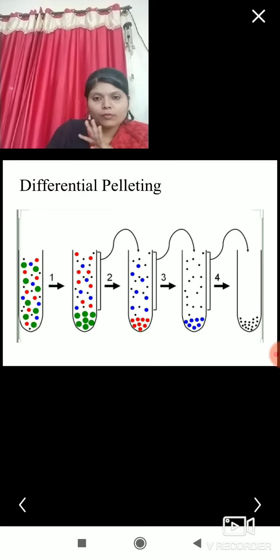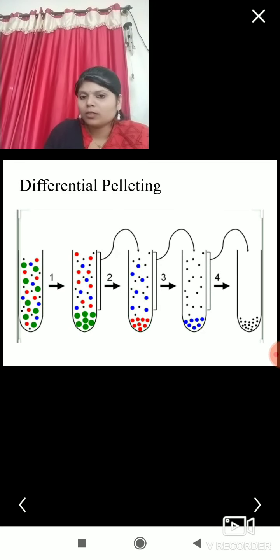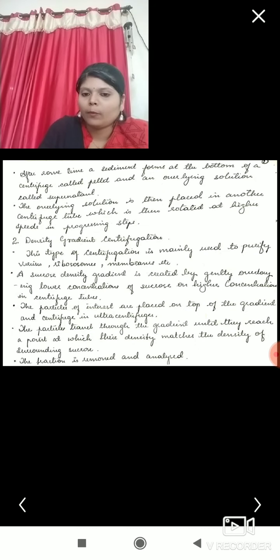So here the four different kinds of molecules are getting separated by the centrifugation method, but it's a step by step process. All four cannot be segregated from one step, but yes, you can separate them stepwise.